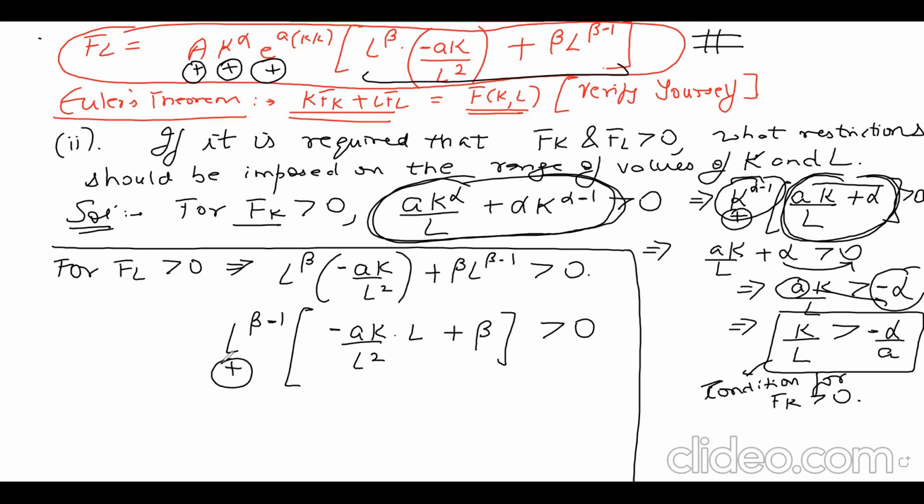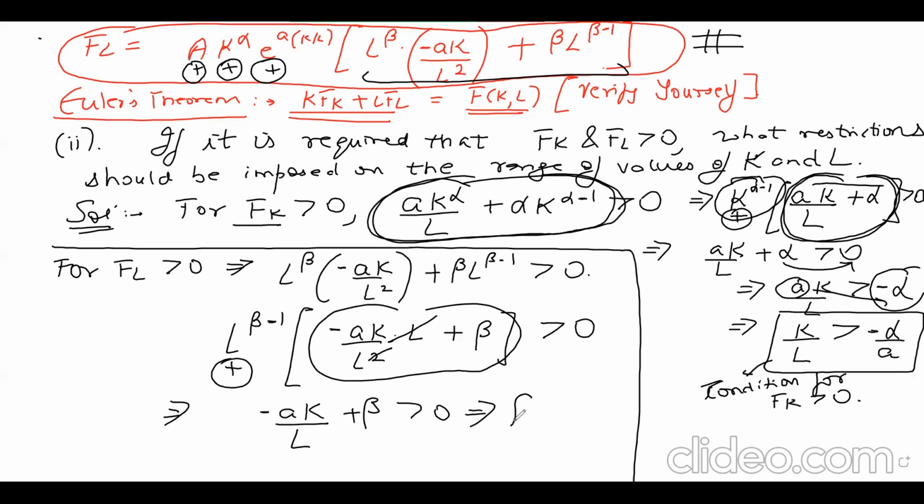That means the term inside the bracket should be positive. This L cancels with the power here, so it becomes minus AK by L plus beta should be positive, which implies beta should be more than AK by L, which implies beta by alpha should be more than K. This is the condition for FL to be positive.